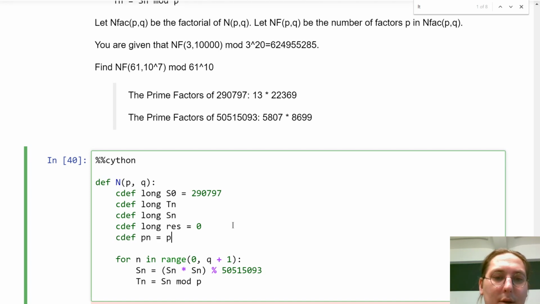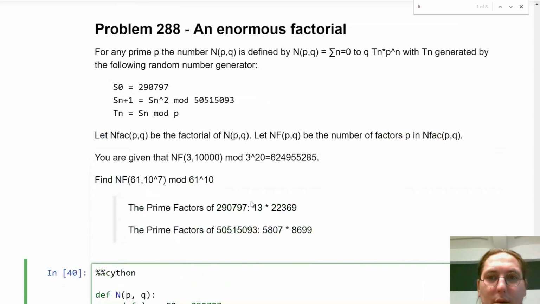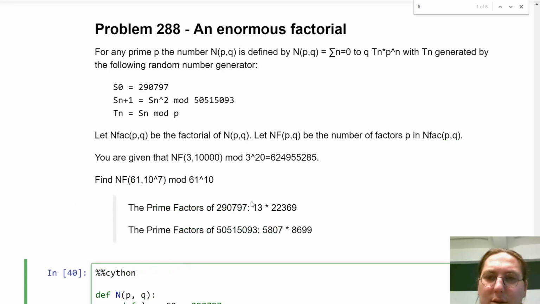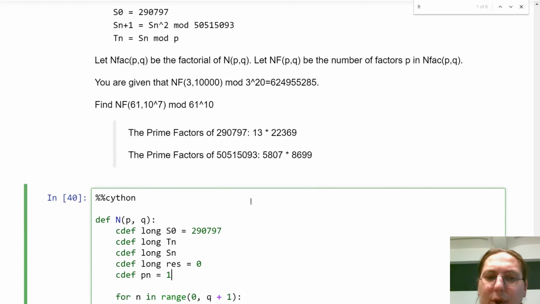So pn starts with 1, because n starts with 0. So I have to do it at the end. Okay, so pn. First do the summing, the result times n. Okay, I'll just put this at the end.